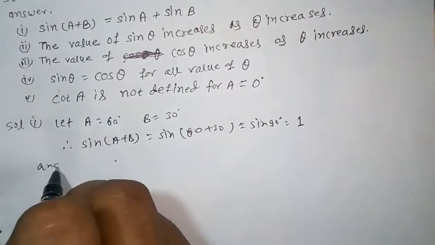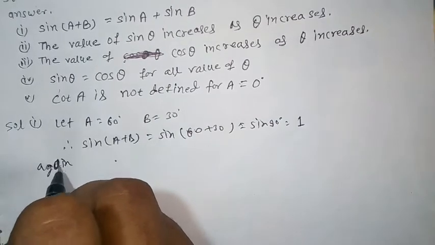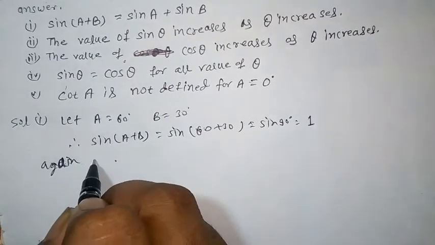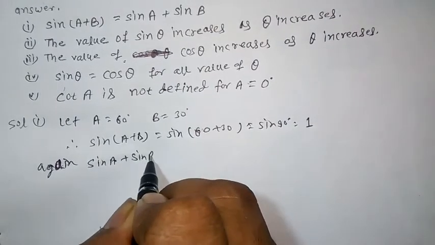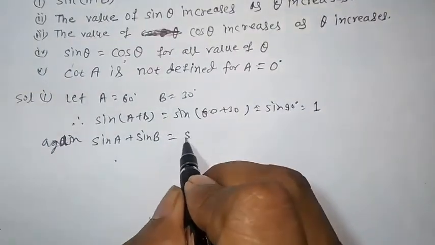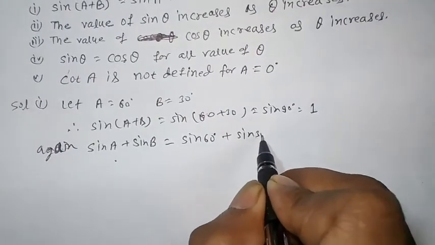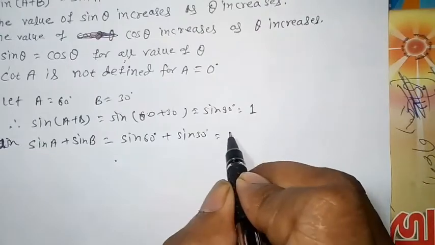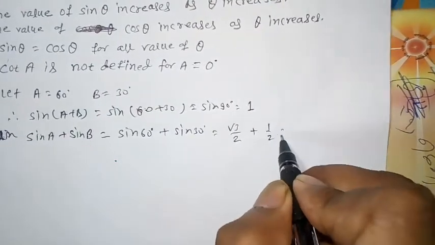Again, sin A + sin B is equal to sin 60 degree + sin 30 degree. The value of sin 60 degree is equal to root 3 by 2 and the value of sin 30 is equal to 1 by 2.